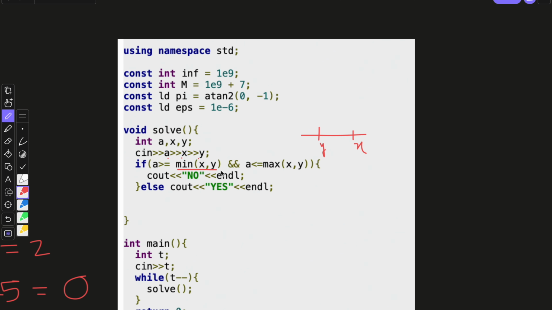So y is the minimum, so a is greater than or equal to y and less than or equal to the maximum of x comma y, and in this case x is the maximum. Alice's position can also be at x and at y as well. So if this is the case, we are going to output no, else we will output yes.